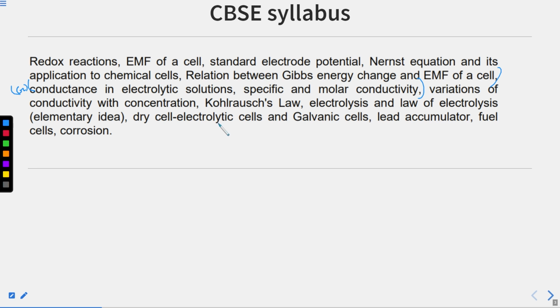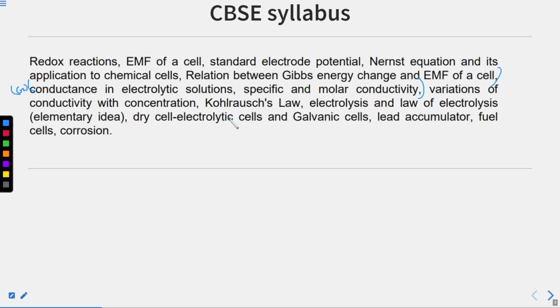So kappa equals L by A into 1 by R, and 1 by R is conductance. So kappa equals L by A into G. This was our complete formula. One more important thing: specific resistance is also termed resistivity, whereas specific conductance is often called specific conductivity.